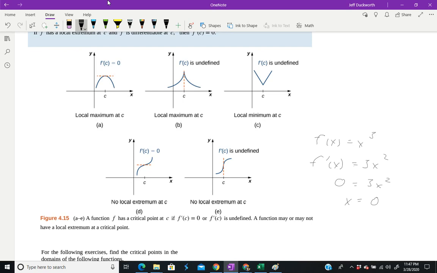But we know that there's no local min or max there because the graph of this looks like this. So neither a max nor a min at the point (0, 0). Okay.